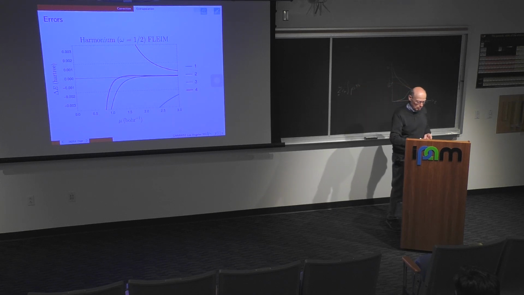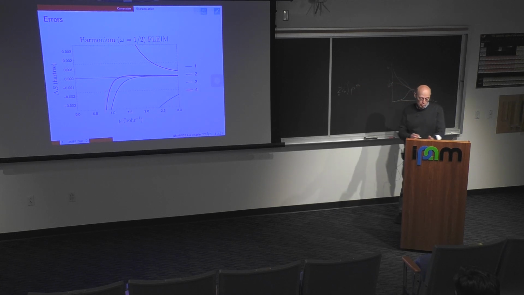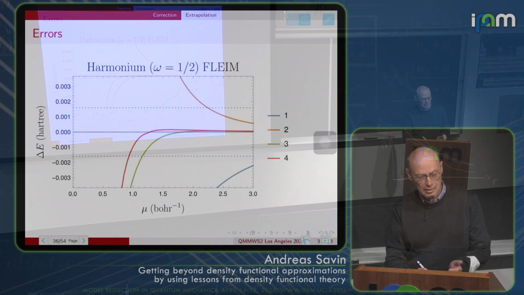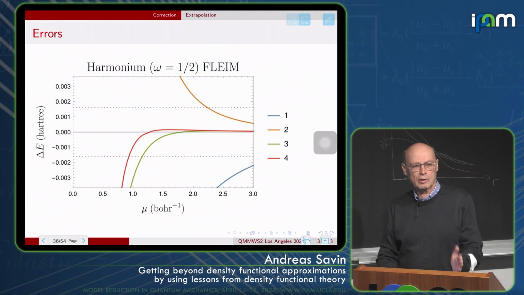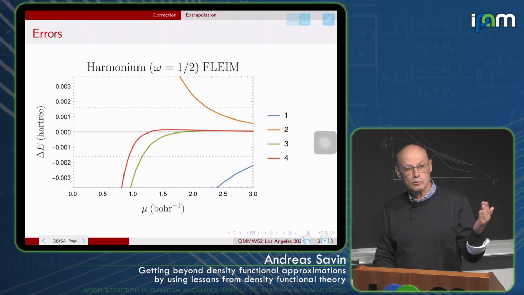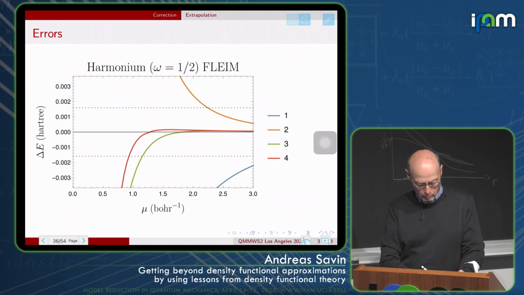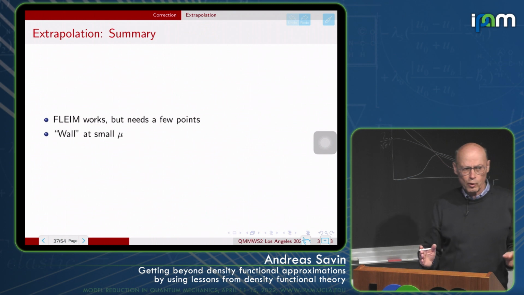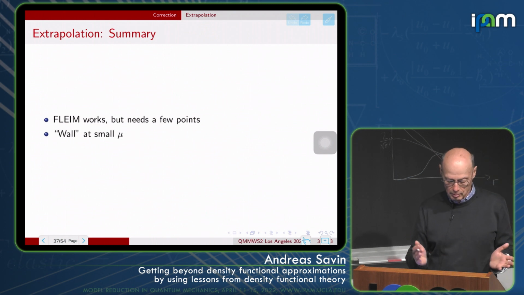You get further and further, but it gets more and more difficult at small values of mu. So it works, but needs a few points, and has this wall at small mu.